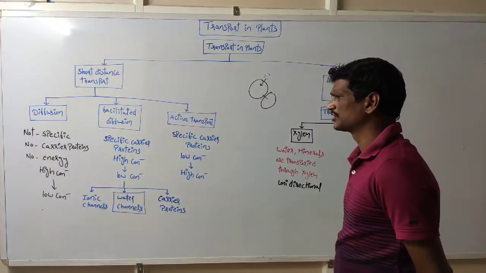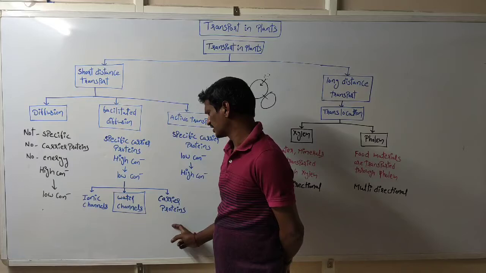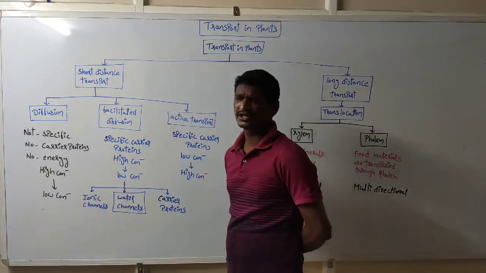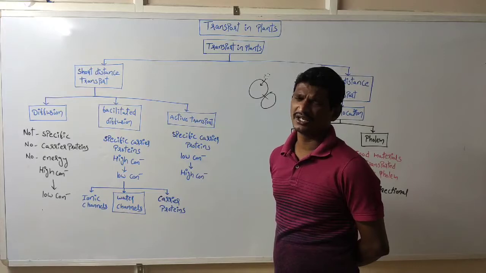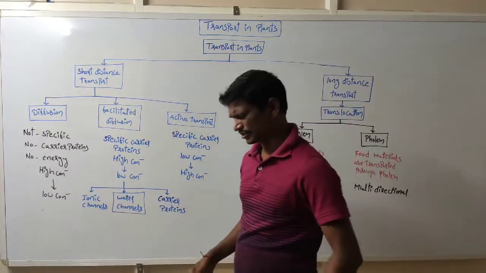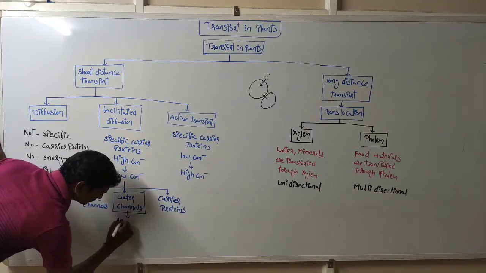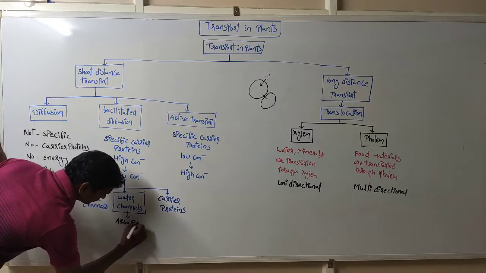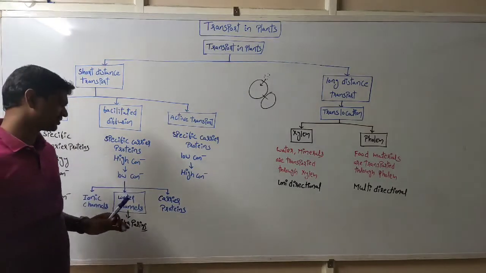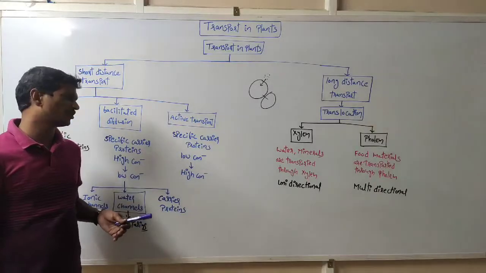Some examples are also given here. Ionic channels are there, water channels are there, carrier proteins are there. We know if ions are transported, that is ionic transportation, meaning ionic transporters. Water transportation is nothing but aquaporins. So here the water transporting proteins are called aquaporins, and the carrier proteins carry different types of molecules.